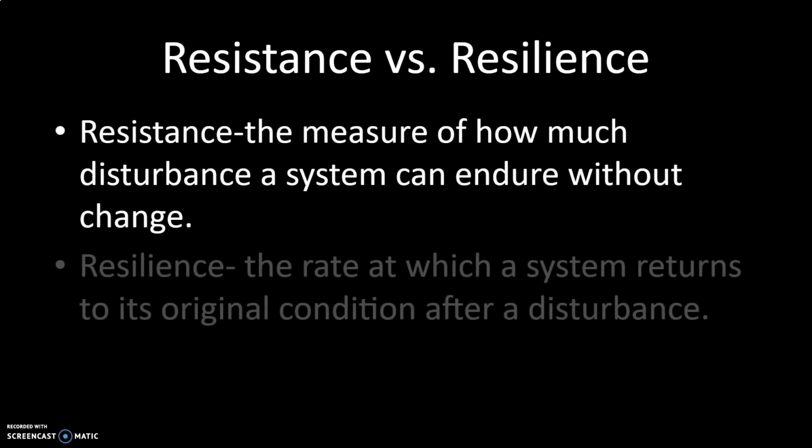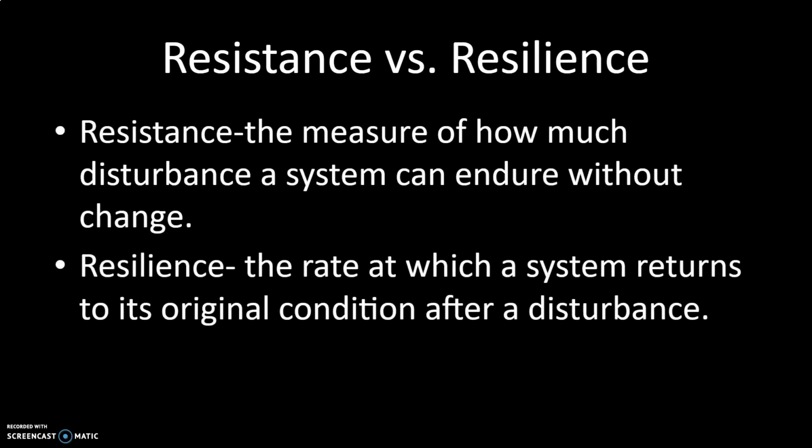Resistance and resilience. These are often confused easily. And they're measured in regards to being high and low. So let's just talk about the words individually, and then we can talk about the high and low. Resistance is the measure of how well or how much disturbance a system can take without changing.